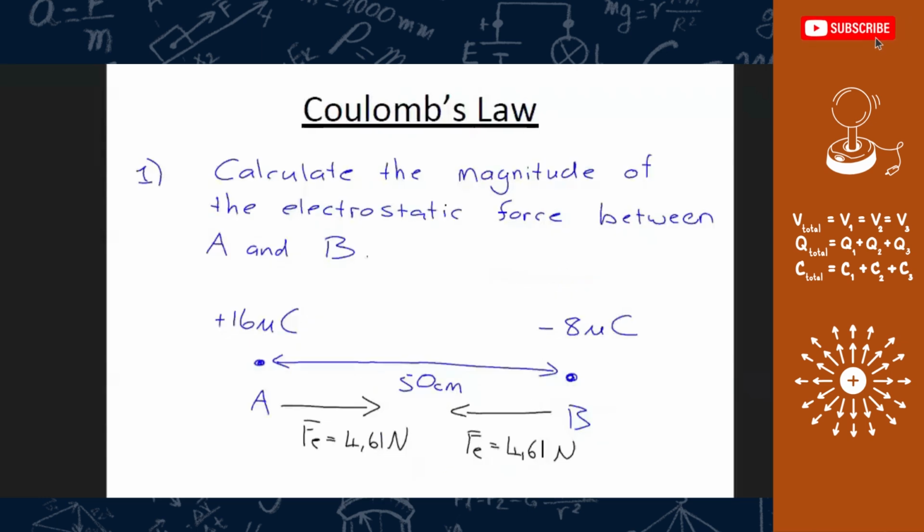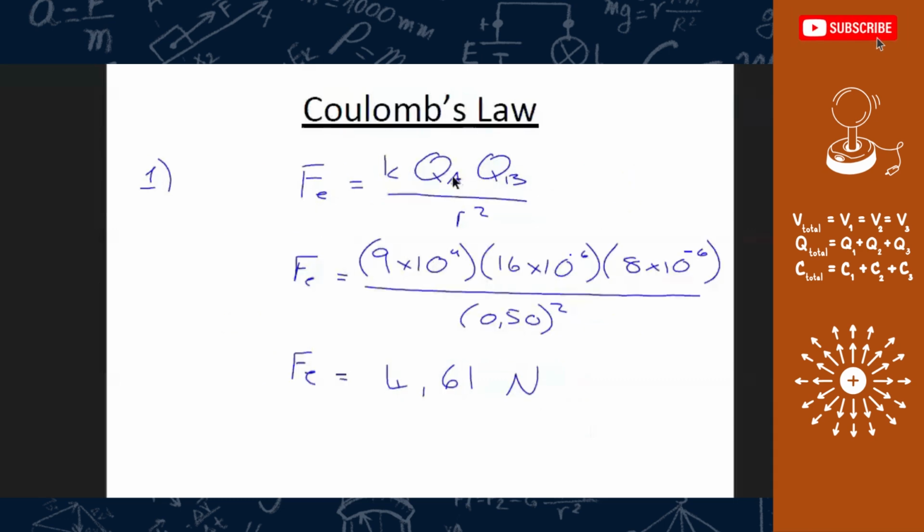So we have a question and example here that wants us to calculate the magnitude of the electrostatic force between A and B. A has a charge of 16 microcoulombs. B has a charge of minus 8 microcoulombs. And there's a distance of 50 centimeters between them. We would just use our equation where we substitute in.